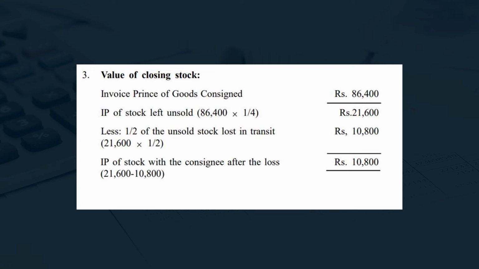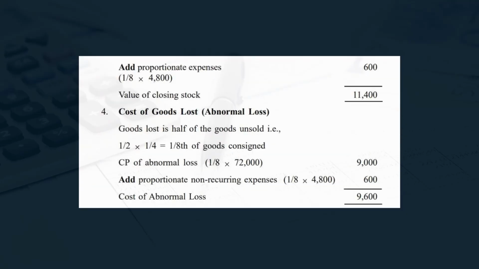So the invoice price of stock with the consignee after loss is 10,800. Add proportionate expenses, non-recurring expenses. Yes, non-recurring expenses: 1,800 spent by the consignor, 3,000 spent by the consignee. So the total is 4,800.